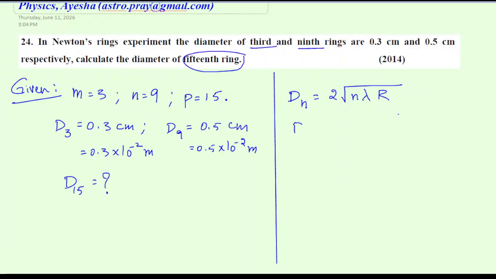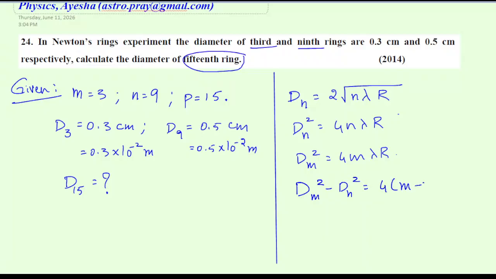Say for example, Dn square is 4n lambda R. Let's take Dm as well, which is 4m lambda R. If you subtract those two and rearrange the values, we get Dm square minus Dn square equals 4 times m minus n lambda R. Similarly, for the mth ring and pth ring, we can write Dm square minus Dp square equals 4 into m minus p lambda R.